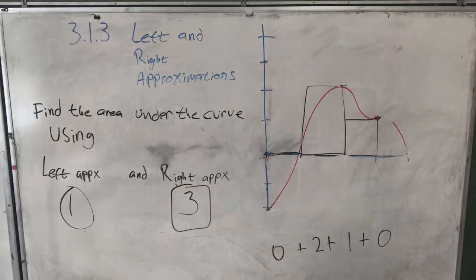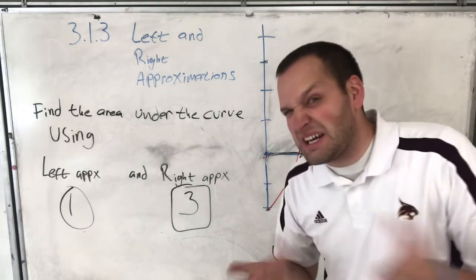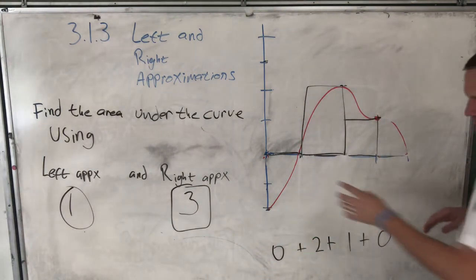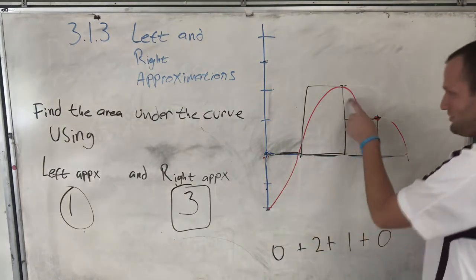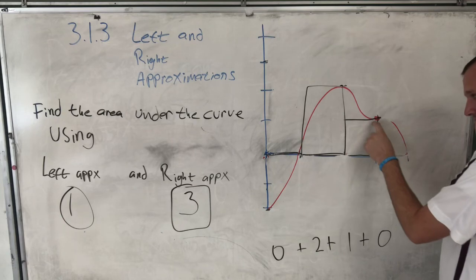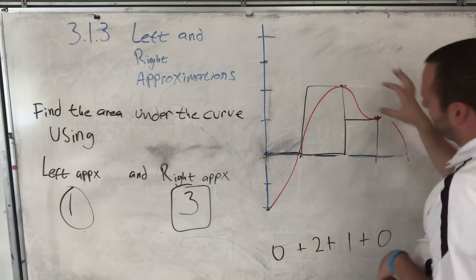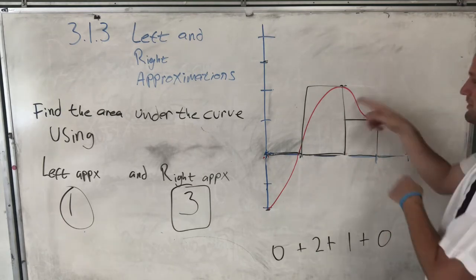Which one is more correct, the left or the right approximation? Personally, I feel like if you've got this part here and this part, these are about the same, so they'd probably cancel each other out. So it's really just this piece that we're looking at. There's obviously 1. If you take this piece, flip it up, stick it on there, I'm thinking that's going to be a little bit more than 1.